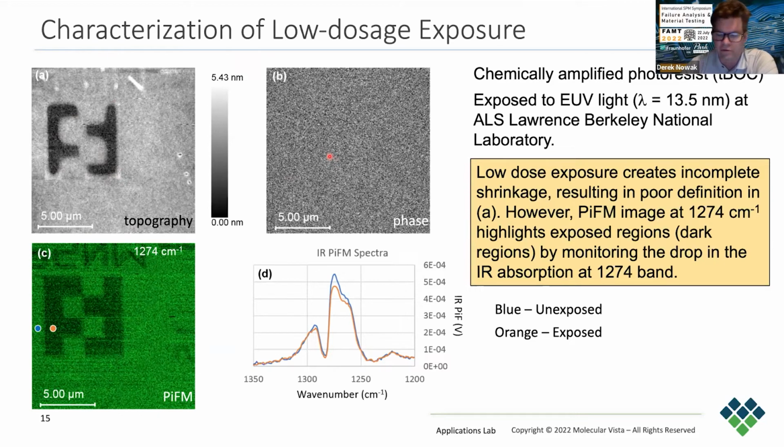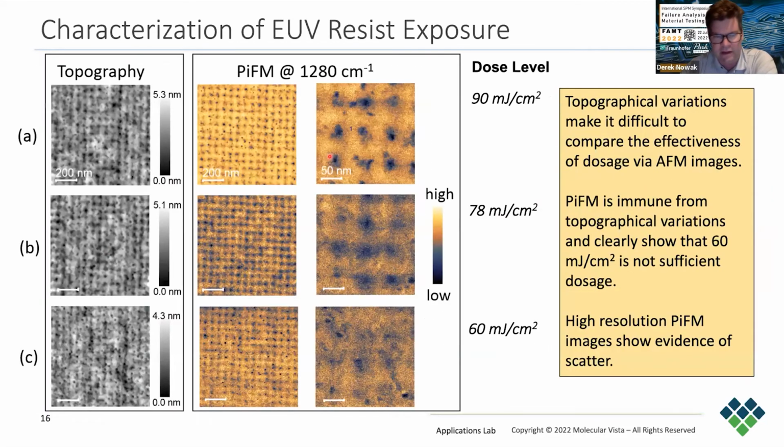So if we go and start looking at some other examples of this, here we're looking at different dosages that were used to expose the resist. And really from the topographic side of things, there's a little bit of roughness difference between the three images, but how are you going to make a lot of correlation there?